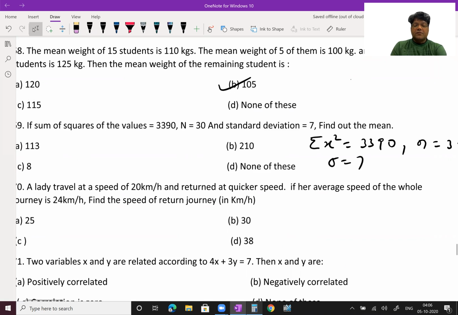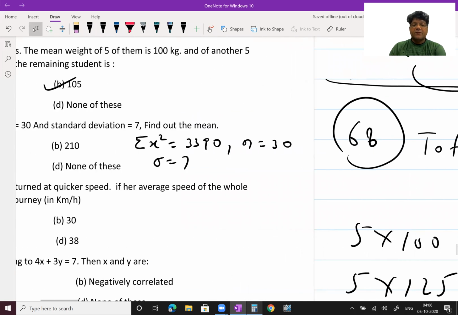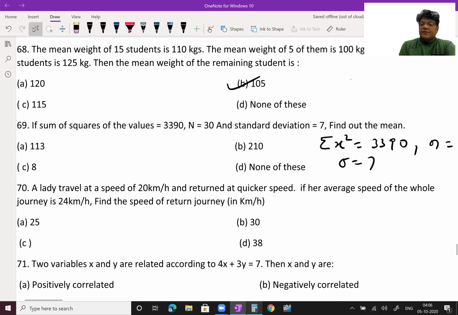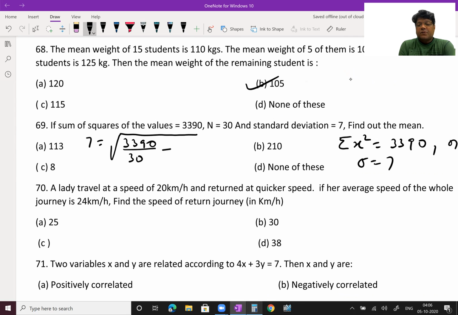Guys, do you remember the formula of the standard deviation? I have to do it here only. The formula of standard deviation: 7 is equal to root over summation x square by n, that is 3390 by n equal to 30, minus summation x by n whole square.